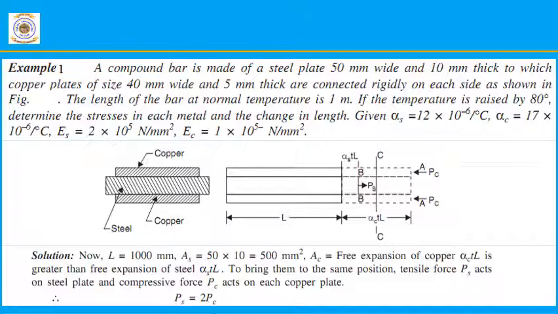Therefore PS is equal to 2 times PC, which is nothing but the load required for the steel is 2 times the load required for the copper plates.